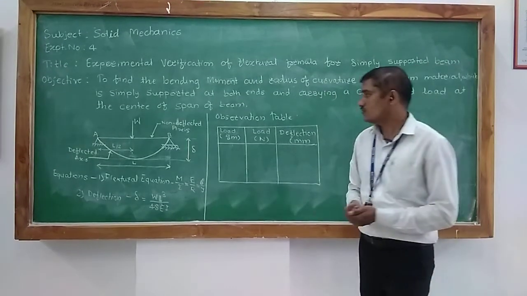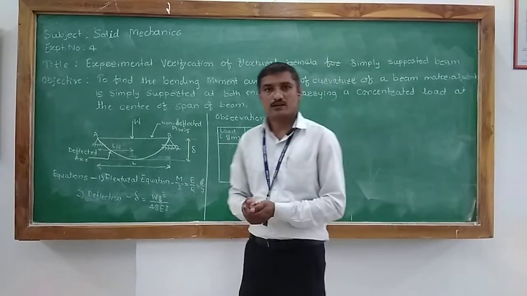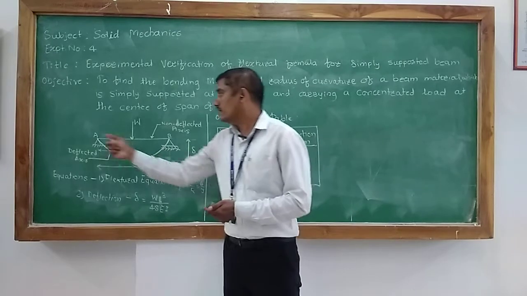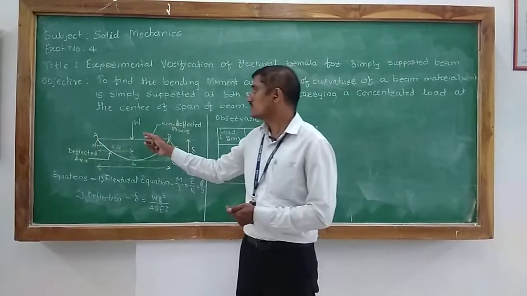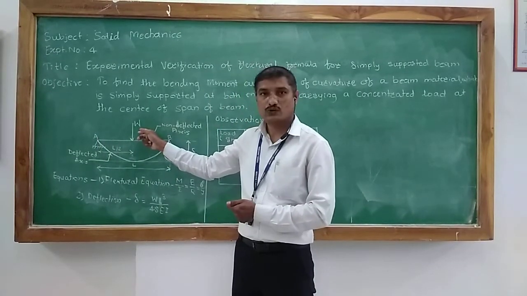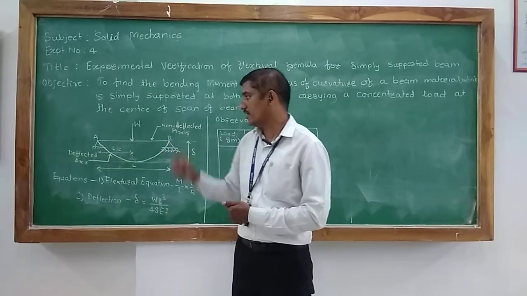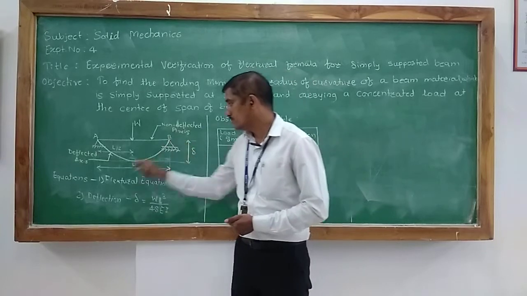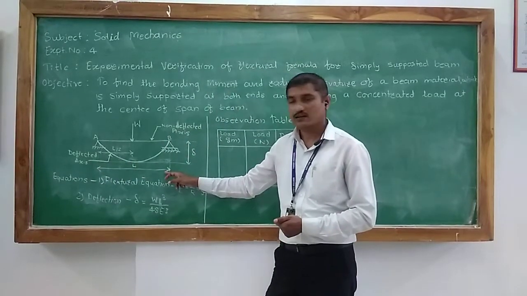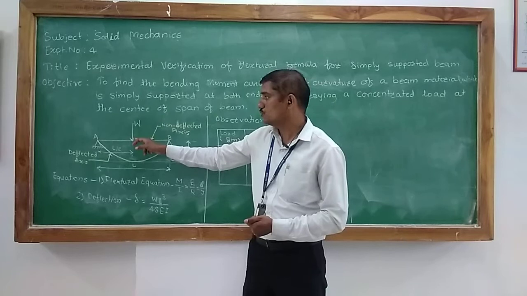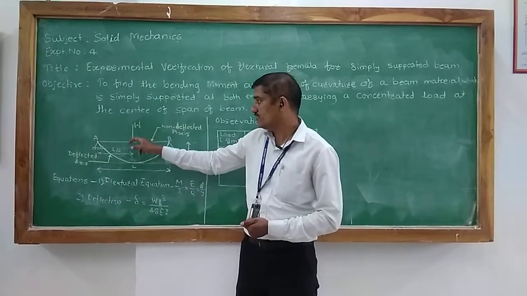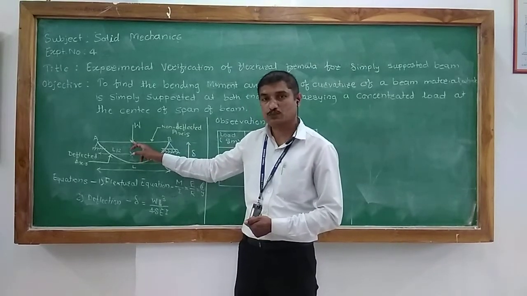Now we will see what happens exactly when a beam which is simply supported at both ends carries a concentrated load W at its midspan. Let us consider AB, a beam of length capital L, which is subjected to a concentrated load, or we can call it a point load W, in the downward direction at the center of the span.